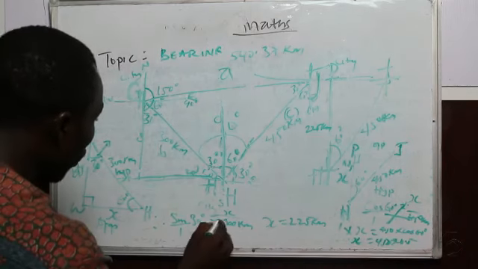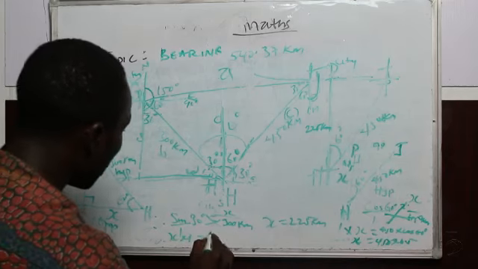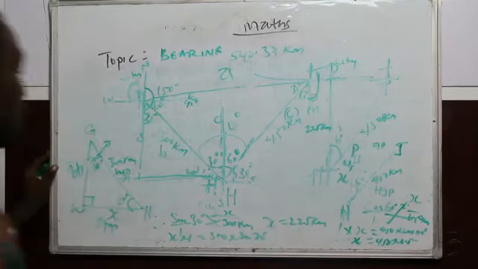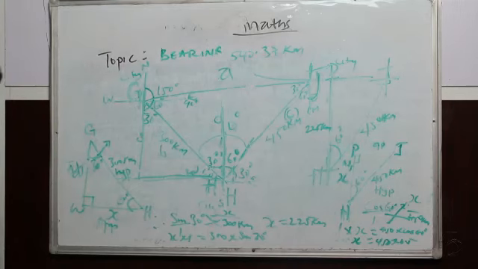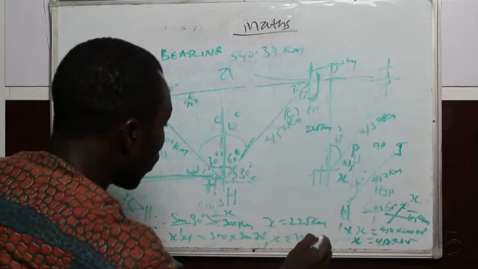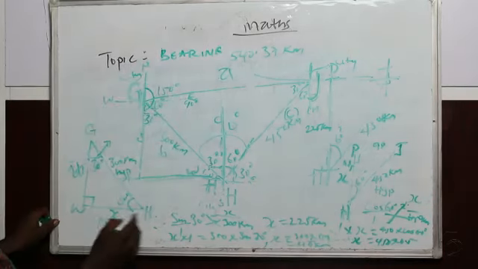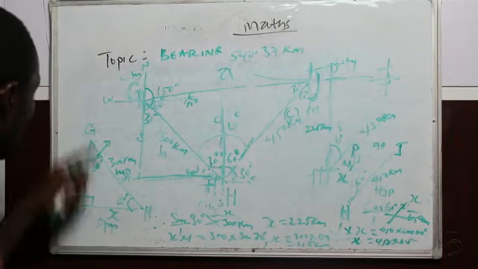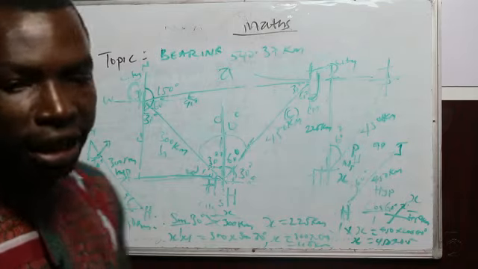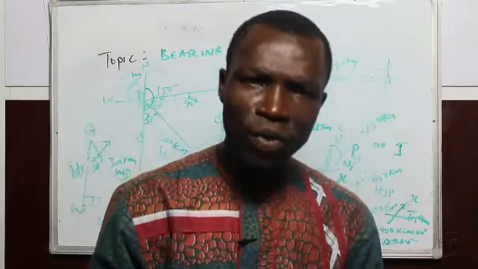Now, cross multiply, that is x times 1 equals 300 times sine 30 degrees. We now have x is equal to 300 times 0.5, and the answer is 150 kilometers. So the west of H to G is 150 kilometers.